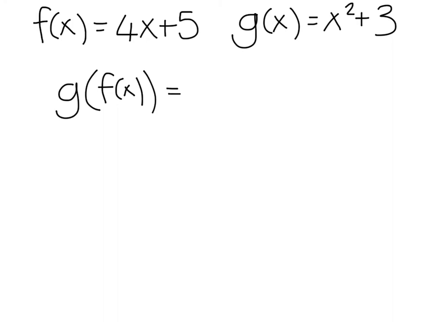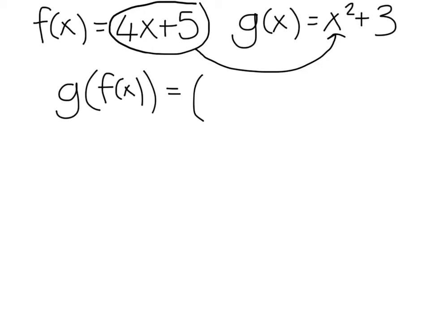So we have the f of x function substituted into the g of x function. That means we're taking 4x plus 5, which is the f of x function, and substituting it in anywhere we see an x on the g of x function. So instead of x squared in our g of x function, it's going to be 4x plus 5 that gets squared in there. Then we have our plus 3.